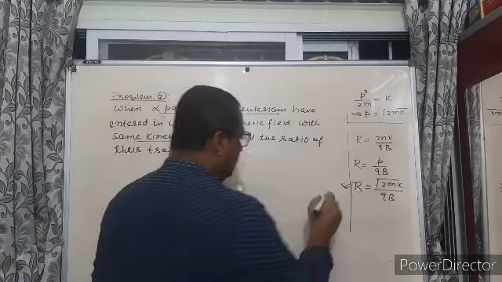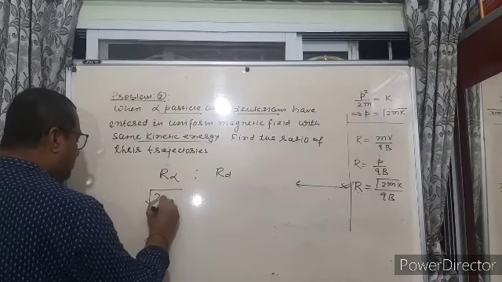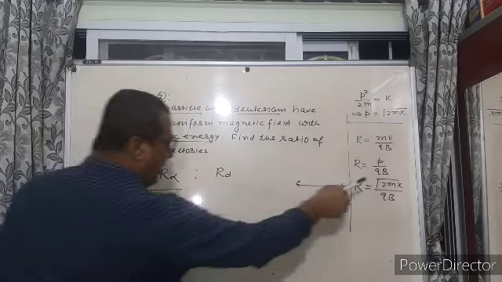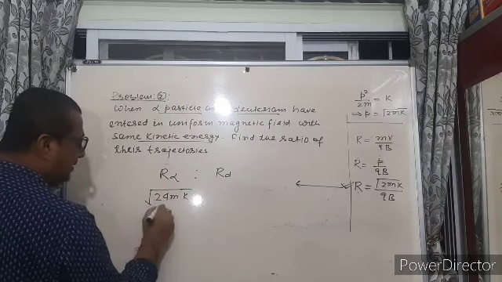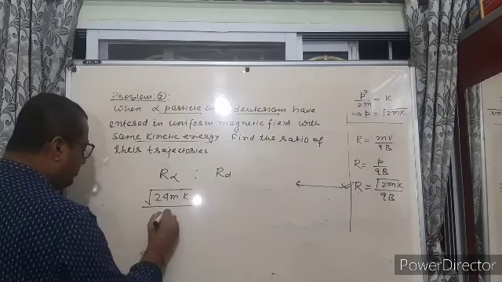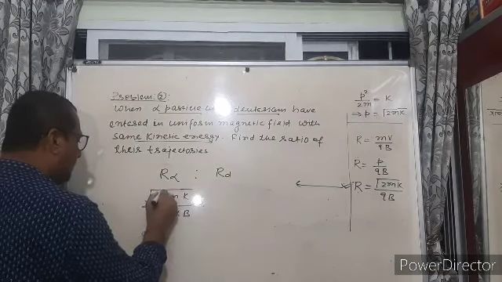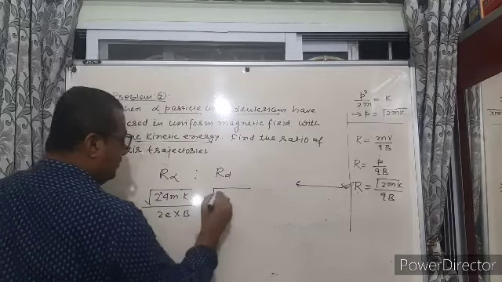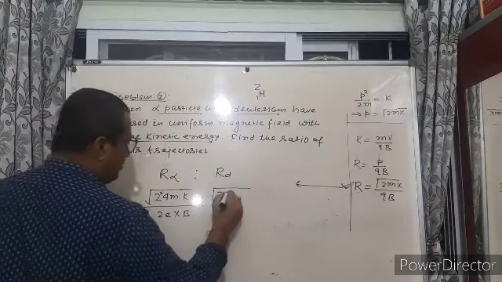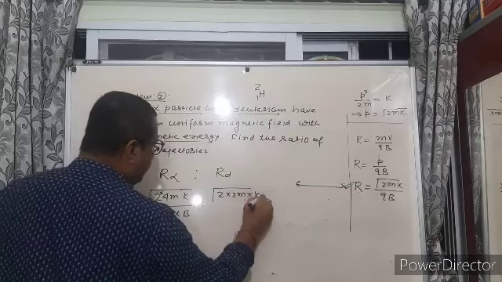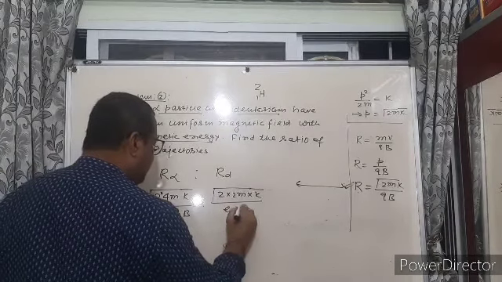This is the formula: radius is under square root of 2 times the mass of alpha particle, which is 4m, kinetic energy same, divided by charge of alpha particle 2e into B, is to under square root of 2 times the mass of deuterium, 2H1, that is 2m, same kinetic energy, divided by charge on deuterium e into B.